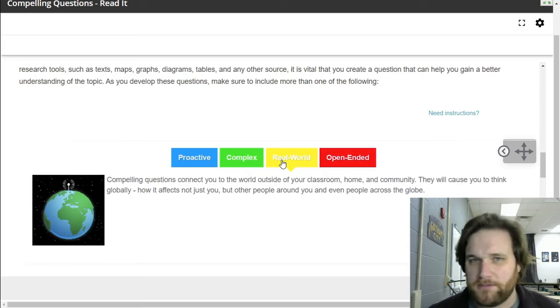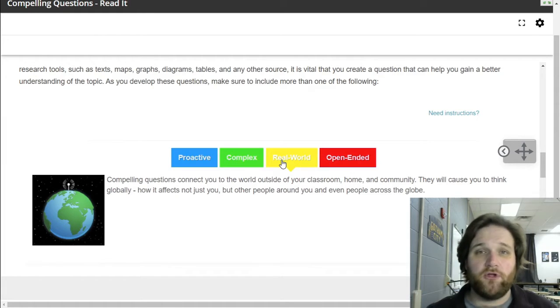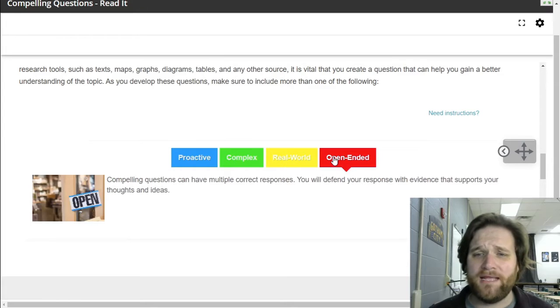This one is important because you need to think how it's not just going to affect you, how this is going to affect everyone. That's a large goal when we're talking about geography. Yes, we look at regional things, but we have to look at a larger worldview as well.